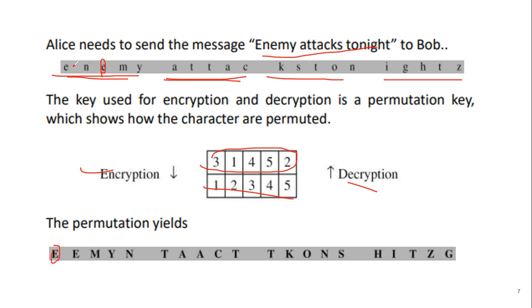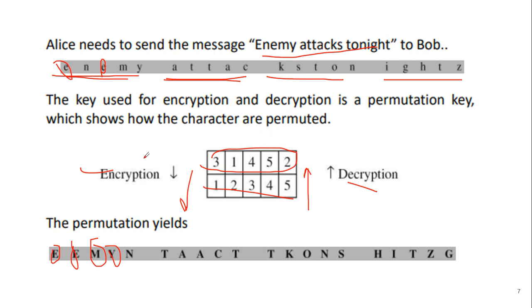Then next, the input at 1 will come to the second location. Input at the 1 location is E, it will come here. Input at 4th, that is M, will come here. Input at 5th, that is Y, it will come here. So this order is kept during the encryption, and during the decryption the reverse order is used.